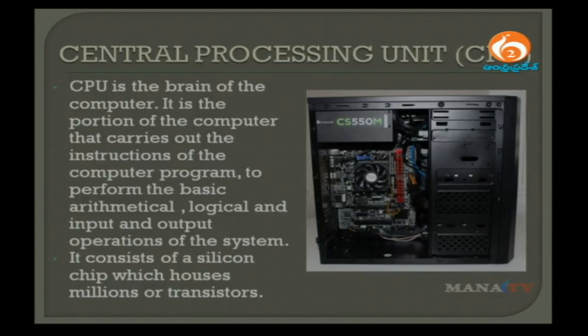Apart from saying that it is the brain of the computer, the second thing I want to tell you is that it is a part of the computer which takes the instructions. Obviously, when you give an instruction or an input to the computer, where do you think it will go? Obviously, it will go to the CPU. And in the CPU there is something called the motherboard, and it tries to take all the information.